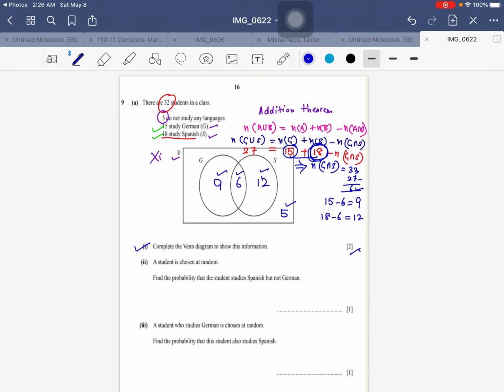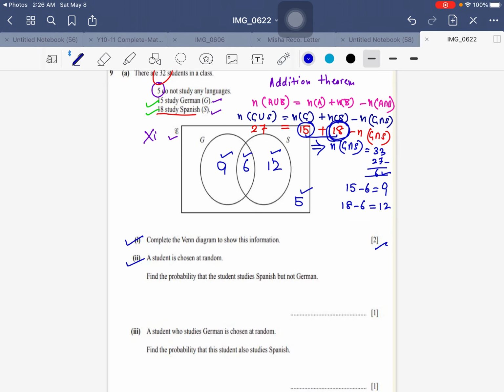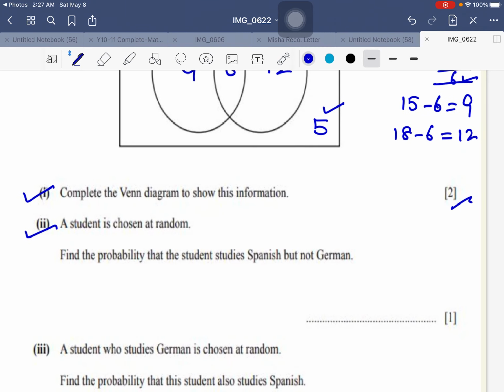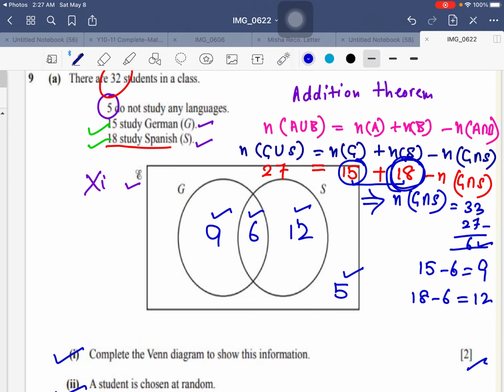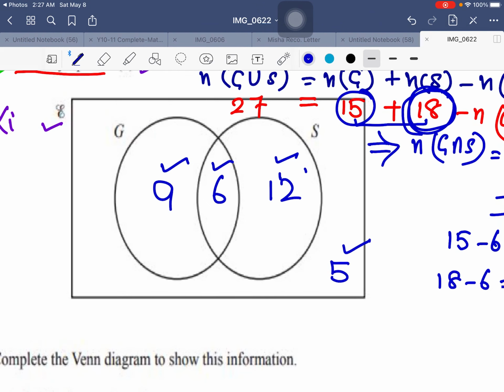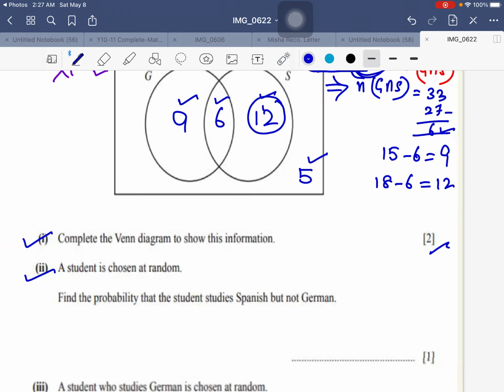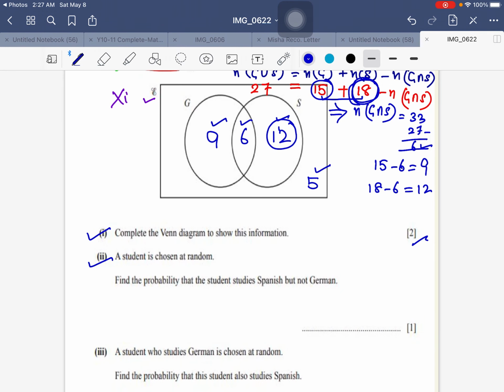Now let's try to answer the second part of this question based upon this Venn diagram information. A student is chosen at random. Find the probability that the student studies Spanish but not German. So the student studies Spanish, not German. Spanish, not German are 12 students, right? From the diagram, you can see 12 students learn only Spanish, not German. So this probability should be 12 divided by total.